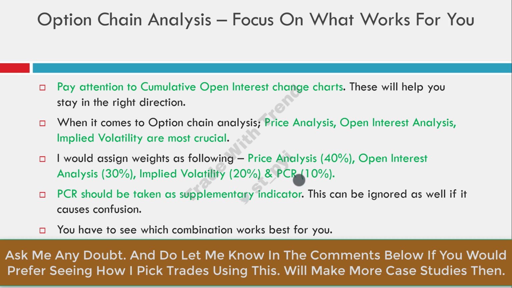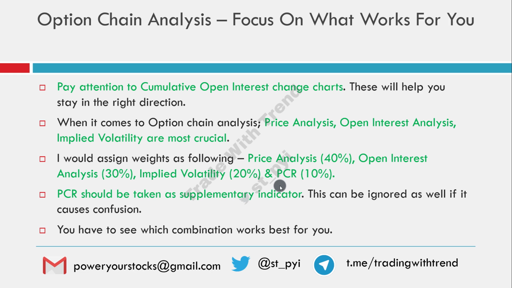Remember one thing, that PCR should only be taken as a supplementary indicator and in my opinion it is the least important out of all these that we have discussed, and this can be ignored as well. In case you're a beginner in option chain analysis, you can start to consider PCR at a later stage if it causes confusion at present.